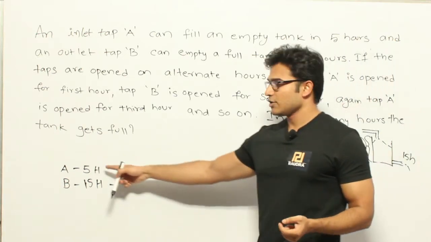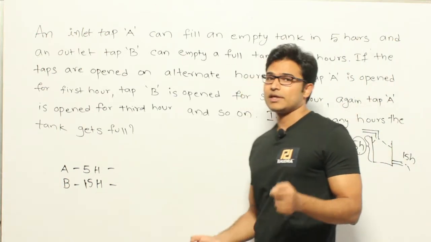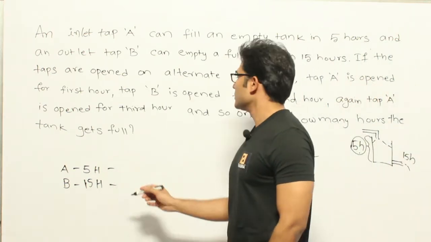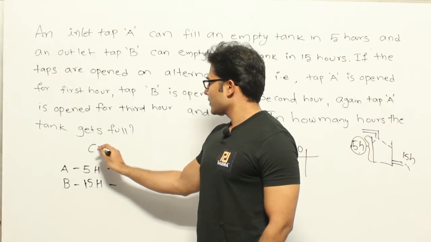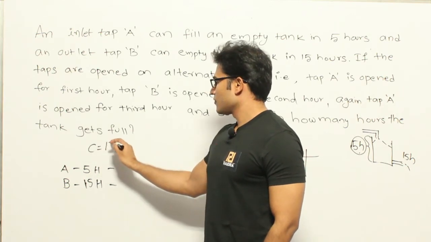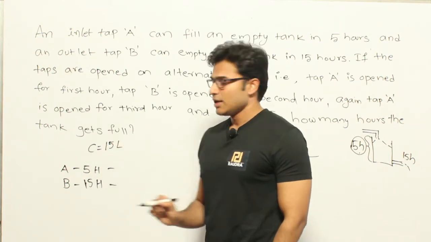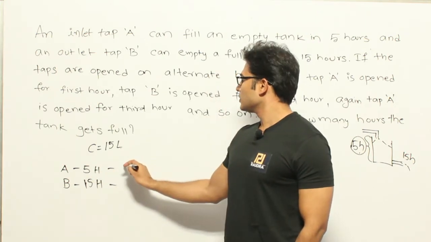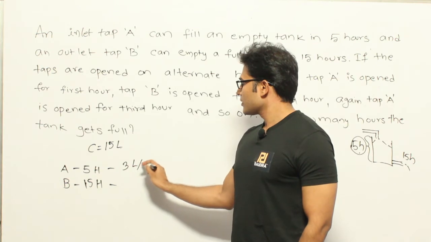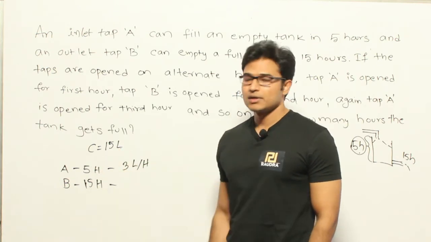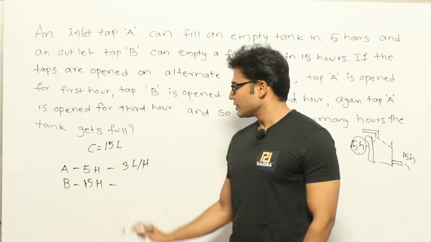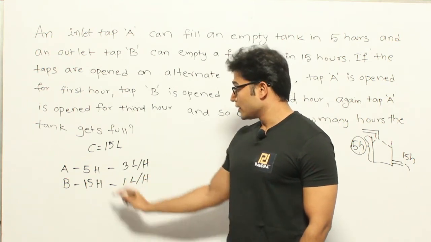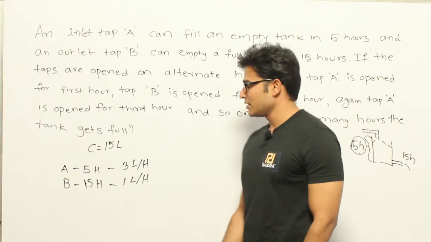Since the numbers given are 5 and 15, let us assume the capacity is 15 liters, a common multiple. Now A is filling at a rate of 3 liters per hour, and B is emptying at a rate of 1 liter per hour.